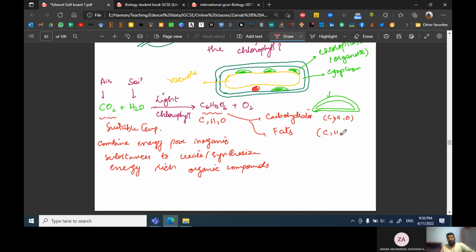There may be some other elements, but the basic elements are CHO. We can also use the CHO from the glucose to make protein, but it also requires nitrogen because amino acids contain an amine group. So this glucose is used to create other compounds as well.